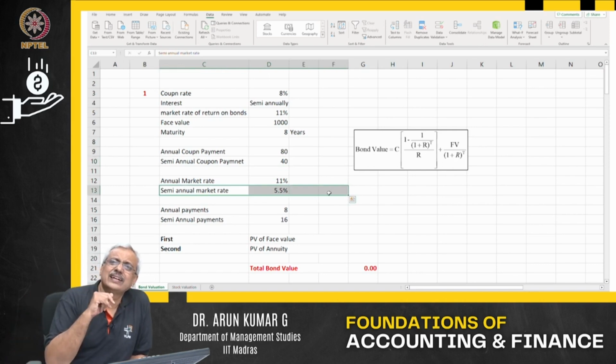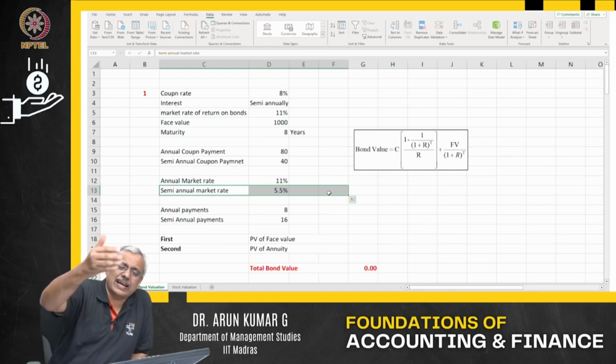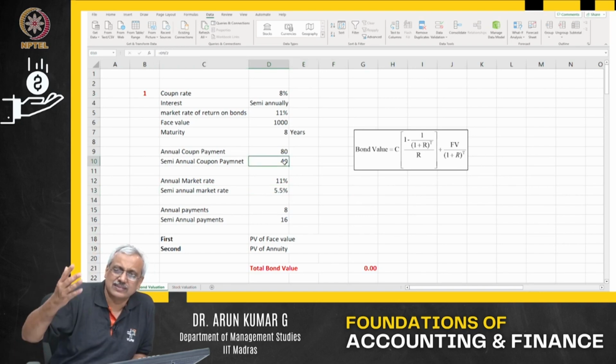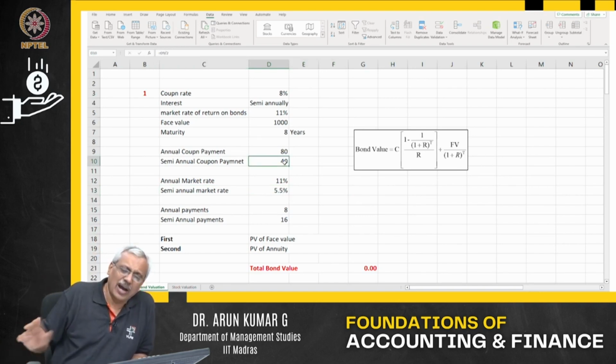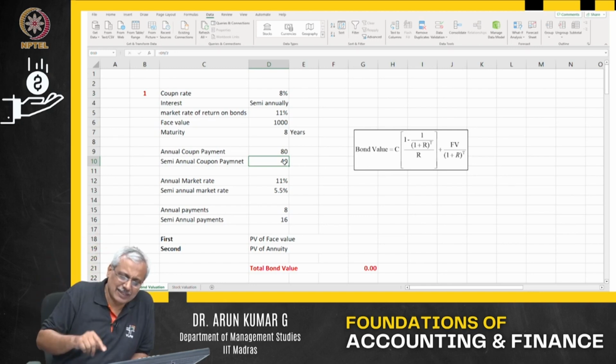Now what is interesting here? Please note, the interest you are getting every 6 months is getting compounded, because this $40 you are going to get on 30th of June, imagine 30th June and 31st of December, you have the option of reinvesting that $40 for the next 6 months at the annual rate of about 11%, or you can earn about 5.5% on that $40 for the next 6 months.